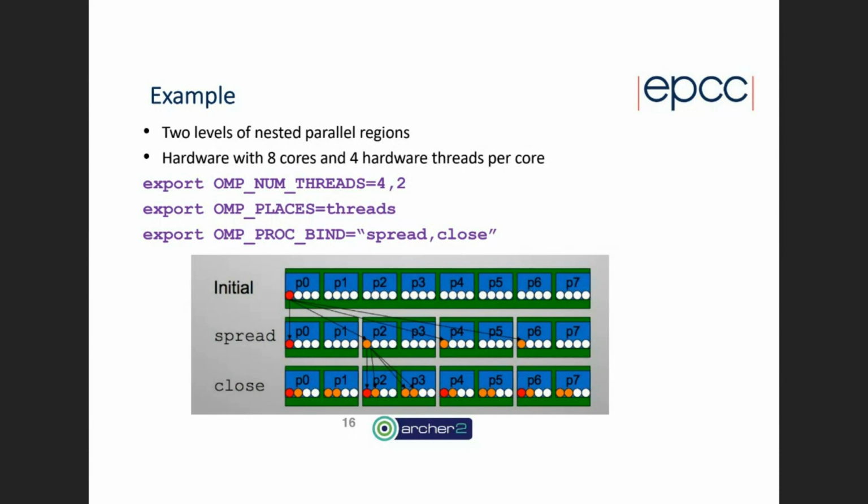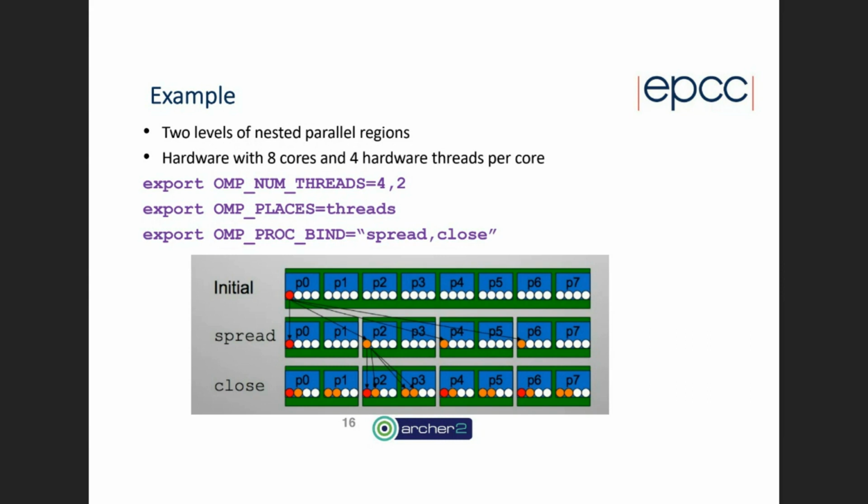I can say I want nested parallelism, so I set my OMP_NUM_THREADS variable to 4,2, which says give me 4 threads at the outer level and 2 threads for each of the inner parallel regions. And then I can say OMP_PLACES equals threads, so I'm talking about threads as the binding entity here, and the binding rule is spread and then close.